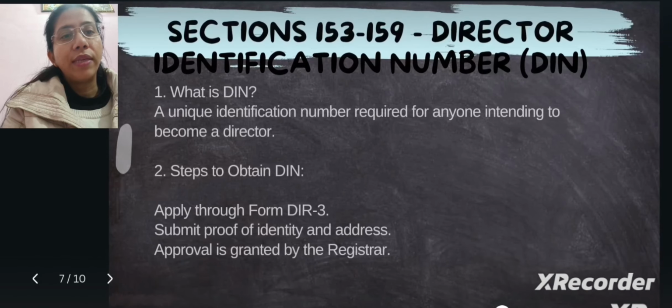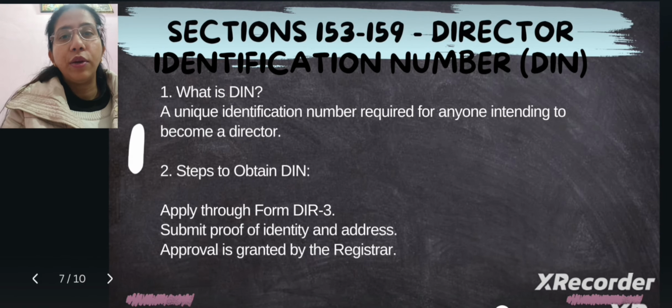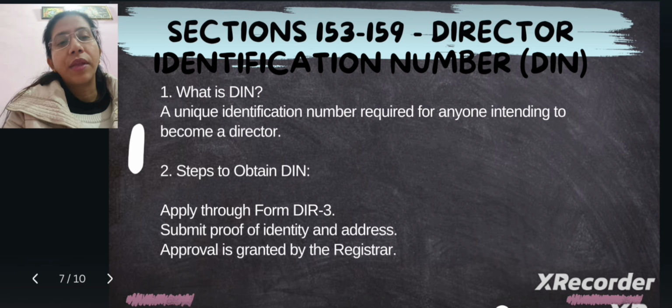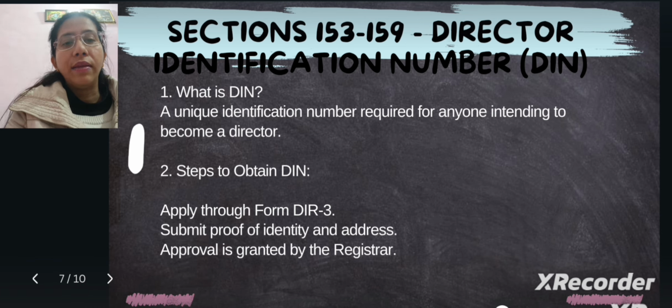Now, from Section 153 to 159, it speaks about the Director Identification Number, which we call DIN. Let us see what DIN is. DIN is a unique identification number required for anyone intending to become a director. How to obtain DIN?